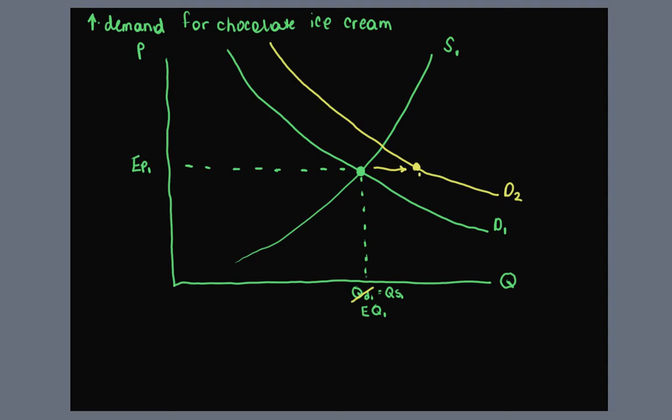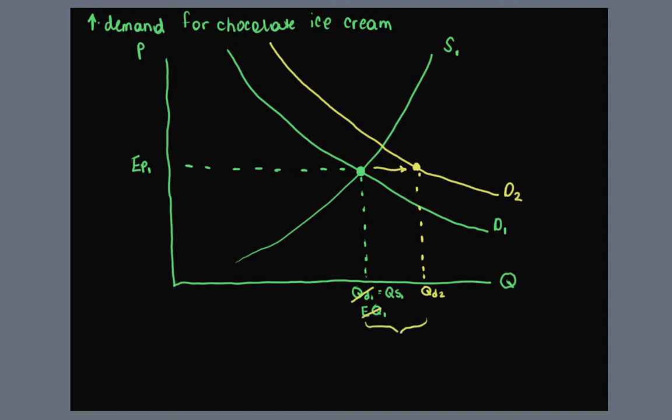I'm going to cross out equilibrium because we're no longer in equilibrium, and we have a case where the quantity demanded is greater than the quantity supplied. Quantity demanded is to the right of quantity supplied. We have a shortage.